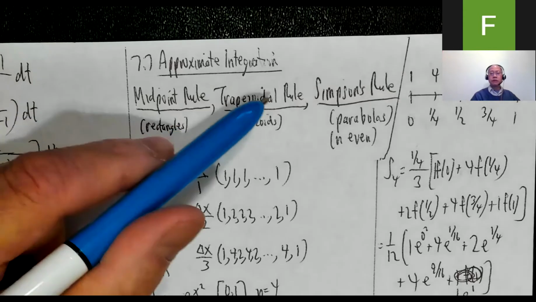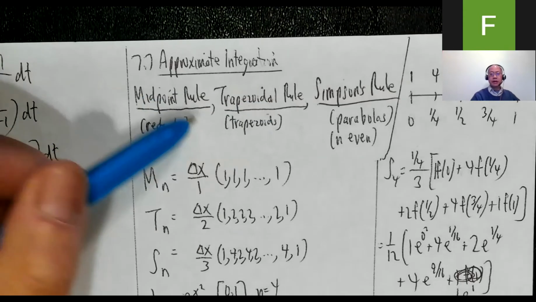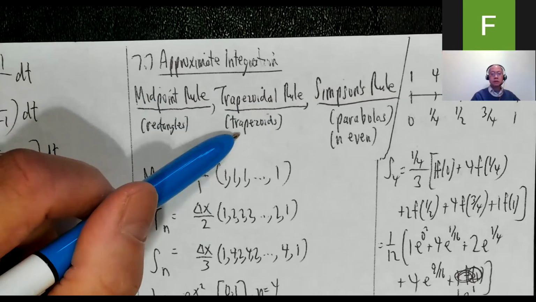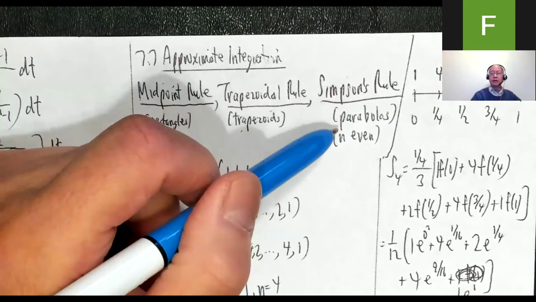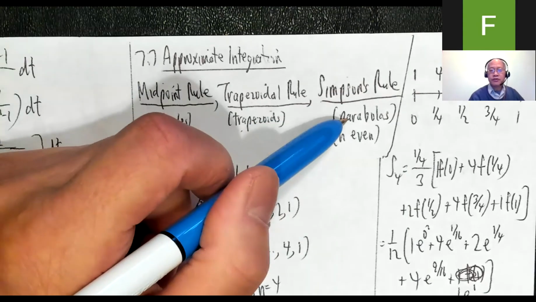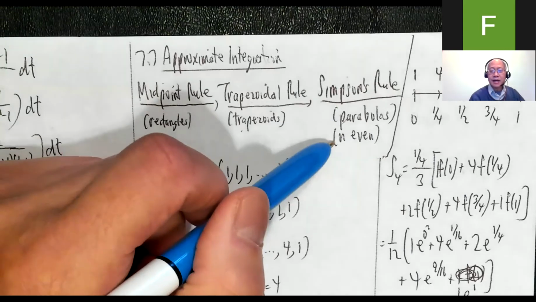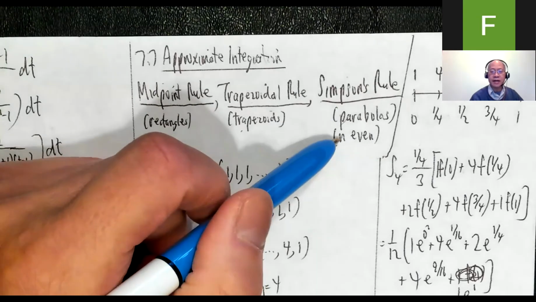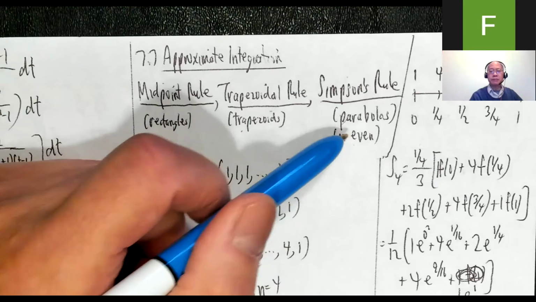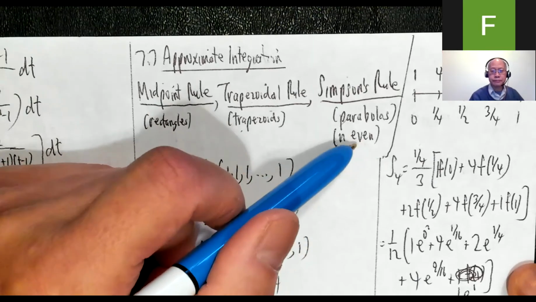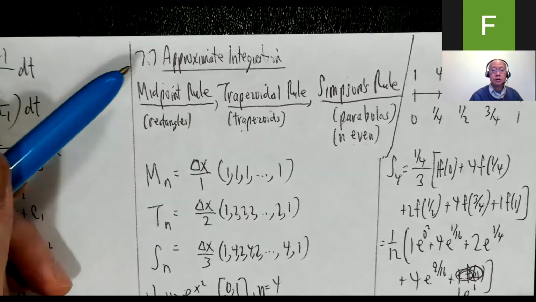The trapezoidal rule uses, big guess, trapezoids. Simpson's rule uses parabolas. And a key thing for Simpson's rule is that n has to be even. I haven't even defined what n is, but n has to be even. It's the number of pieces that you chop up the interval into.